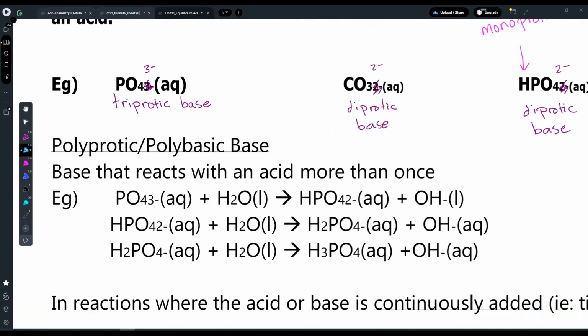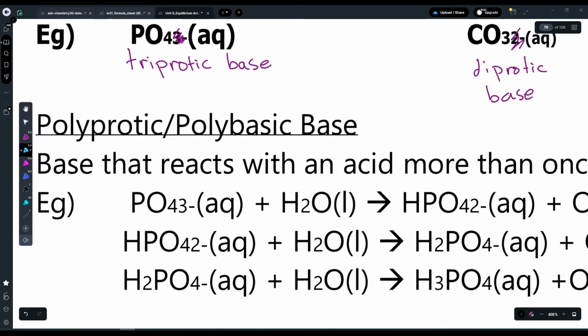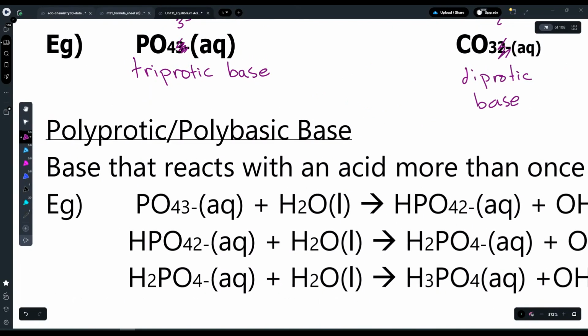Now, with polyprotic bases, they can react more than once with an acid. So for here, we do have to make some adjustments, just some superscript charges here. So I'm going to go through that really quickly.